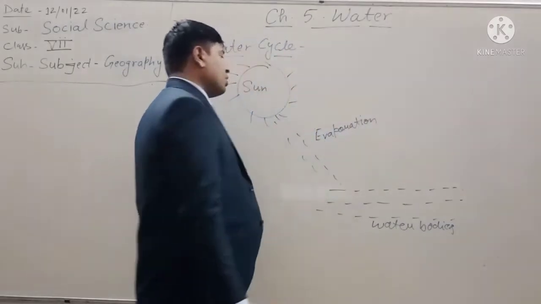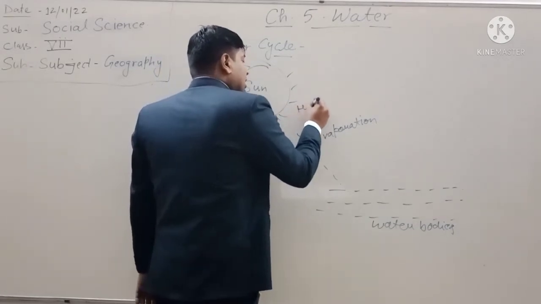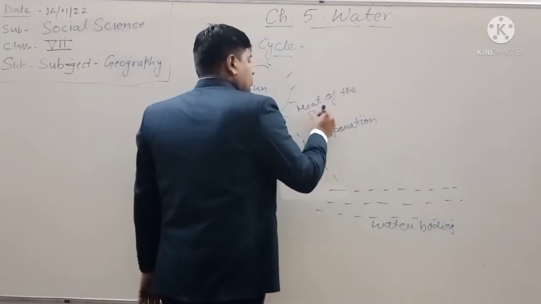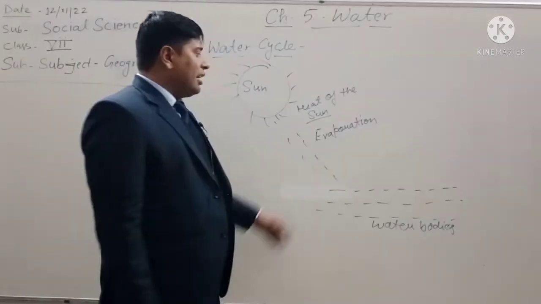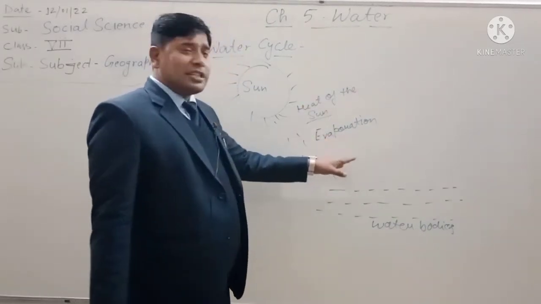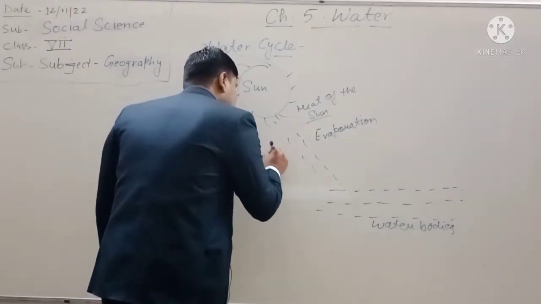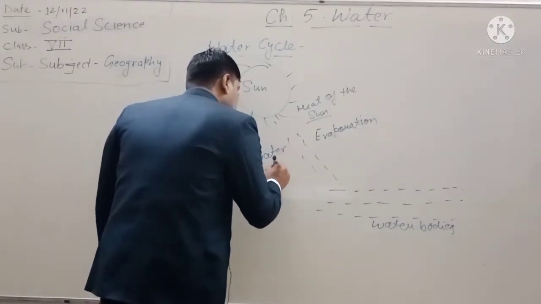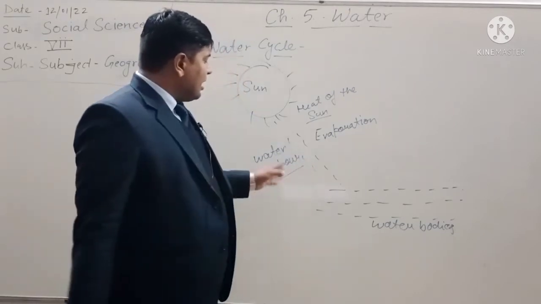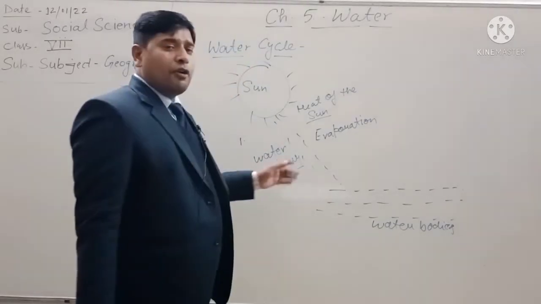Because of the heat of the sun, evaporation starts in the form of water vapor. This is the first process of the water cycle.